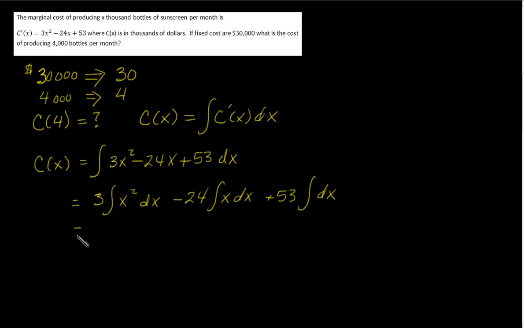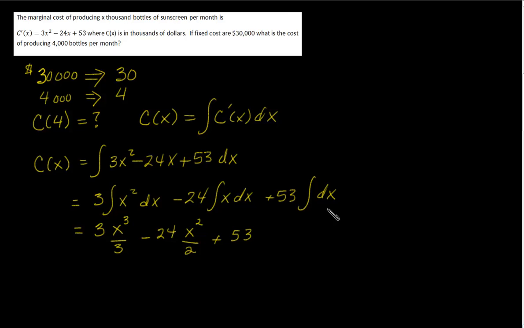So evaluating the integrals, I'm doing the first integral now, which is an x squared, and so it's going to be x cubed over 3: increase the exponent by 1, and divide by the new exponent. Minus 24, now we're in the second integral, and it's an x to the first power, so increase the exponent by 1, divide by the new exponent, plus 53.